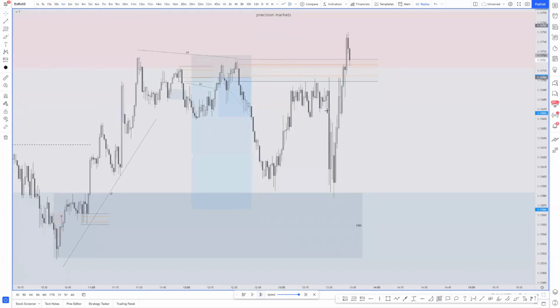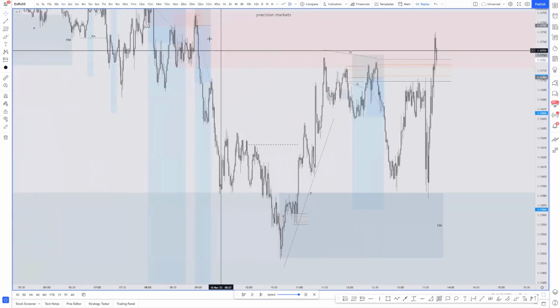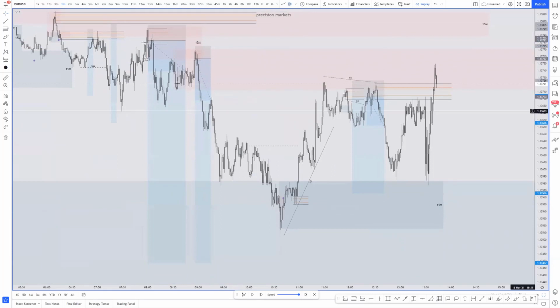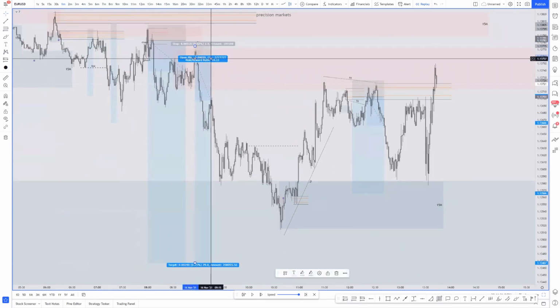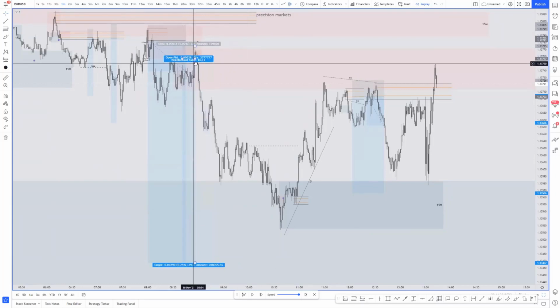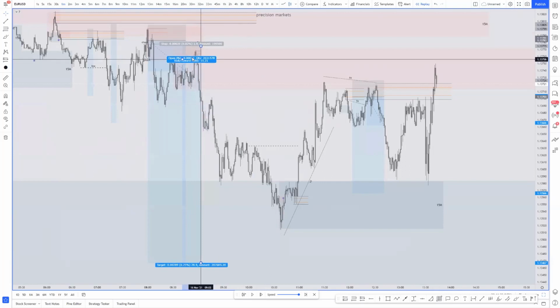Now, the good thing is, I'll bet you if we pull this. So I'm just gonna move this over here. I'll bet you the most recent.